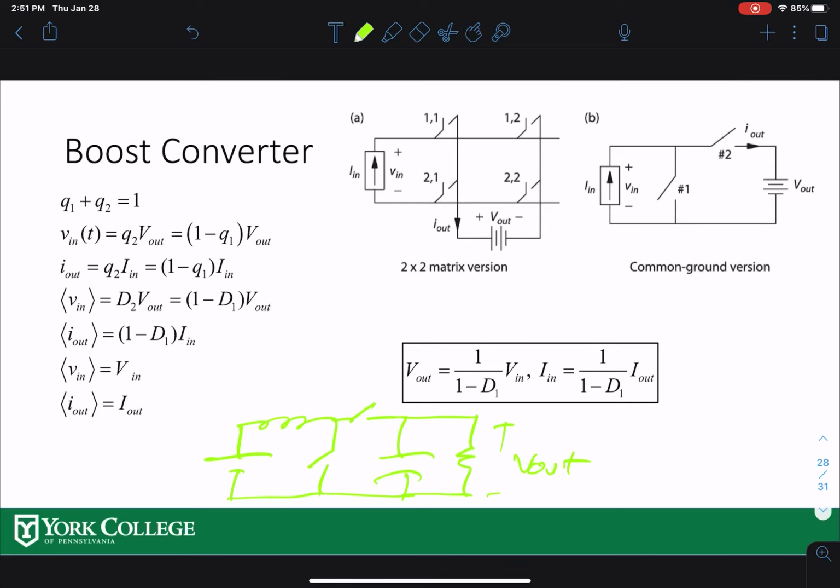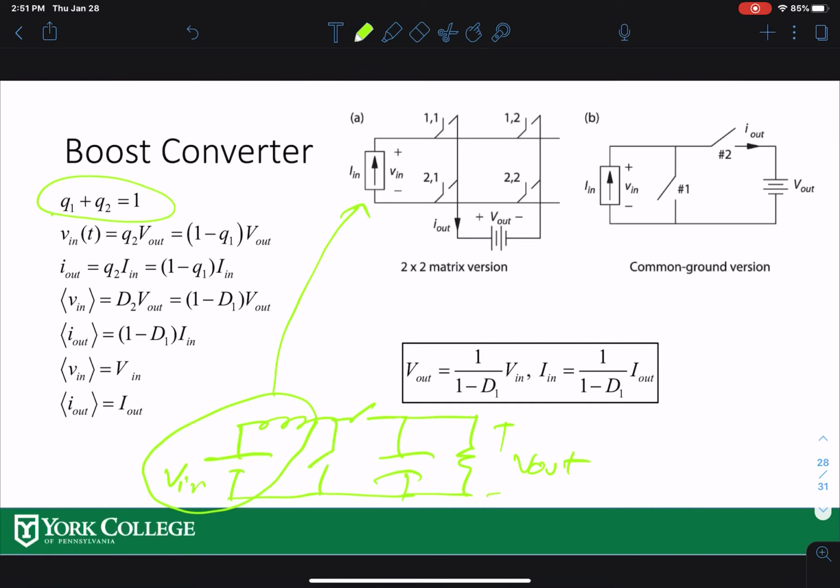The output is a constant voltage because it is across the capacitor, and this is the input voltage here. This one here will act as a current source because of the inductor. The inductor keeps the current constant. So you're connecting the input current source to the output voltage source, right? So we're not violating KVL. And again, the switches are complementary, so Q1 plus Q2 equals 1, because one switch should be on at a time.